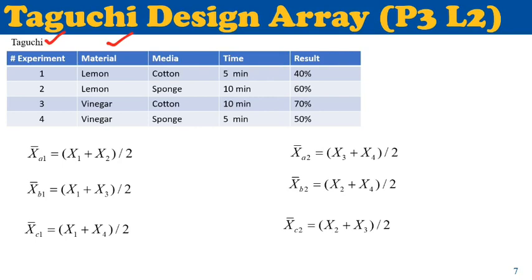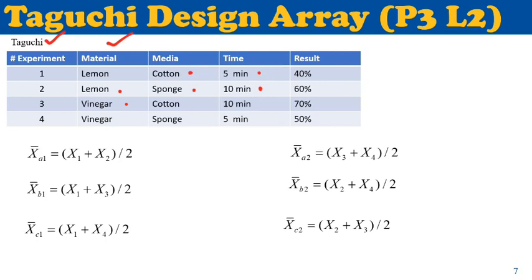So what it means, the rule number 1, so each level, which is lemon, vinegar, cotton, sponge, and 5 minute, 10 minutes. So you see each level of each parameter appears the same number of times. So lemon appears twice, vinegar twice, cotton twice, sponge twice. This is the first rule. The second rule: repetition of parameter level combinations is minimized as much as possible.